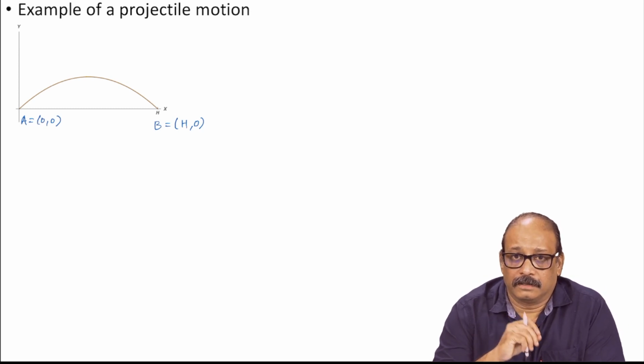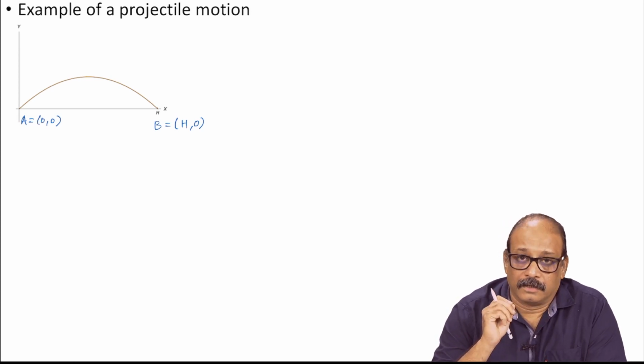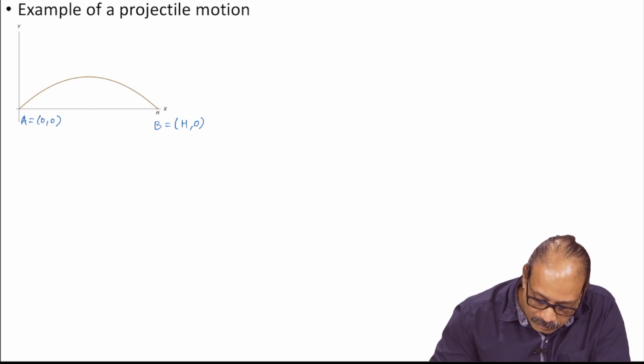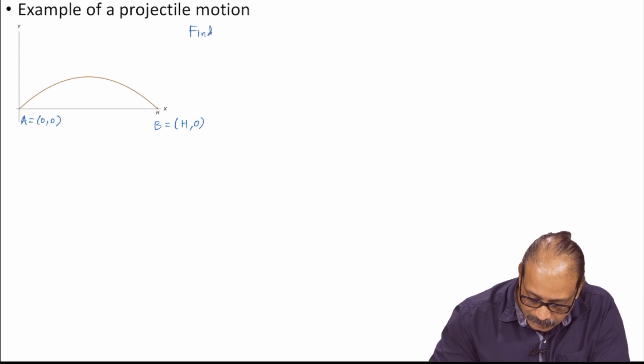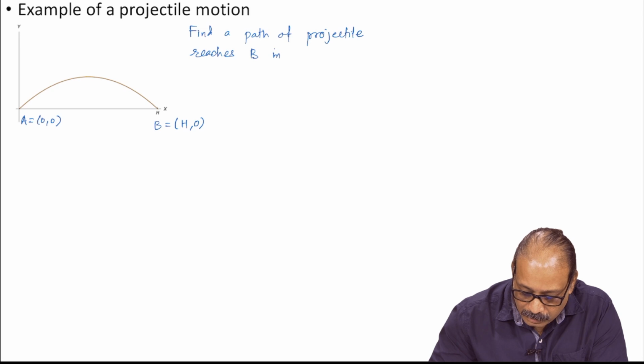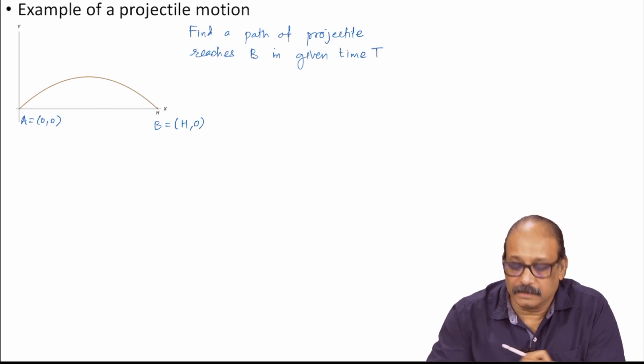So, your horizontal range is fixed, you want to throw a projectile from A to B, not just the horizontal range, but the question is to find a path of the projectile such that it reaches B in a given time, and I will say capital T.